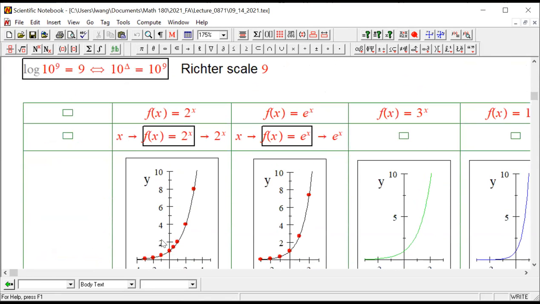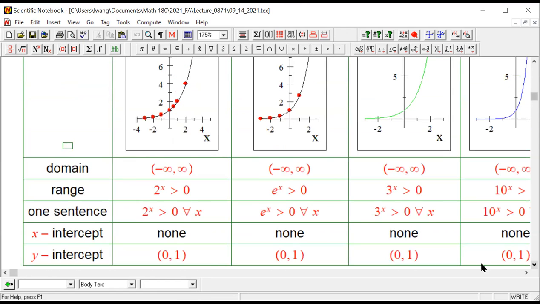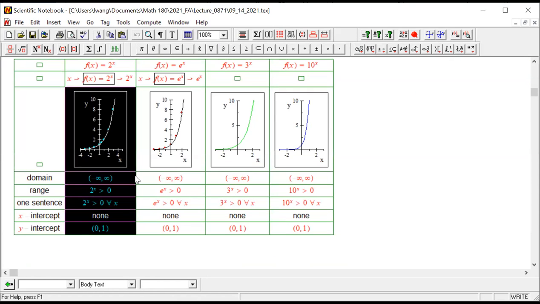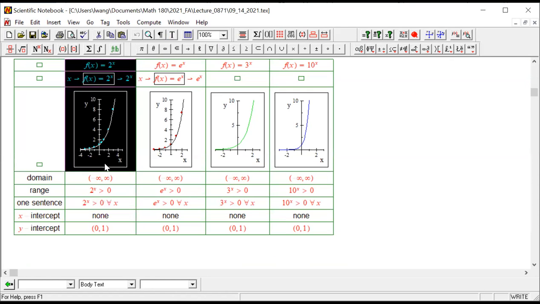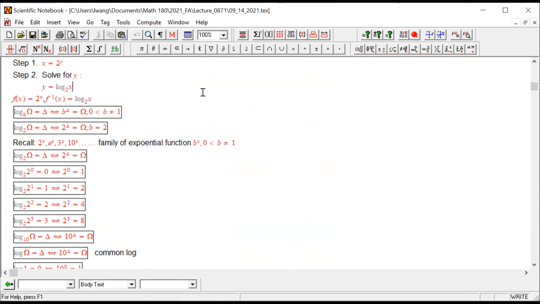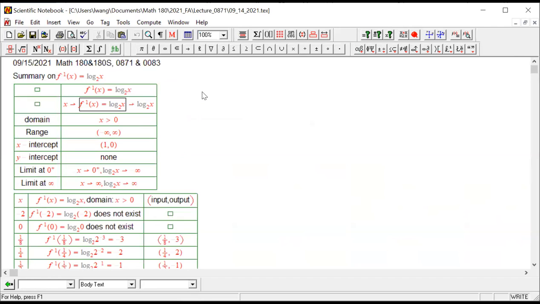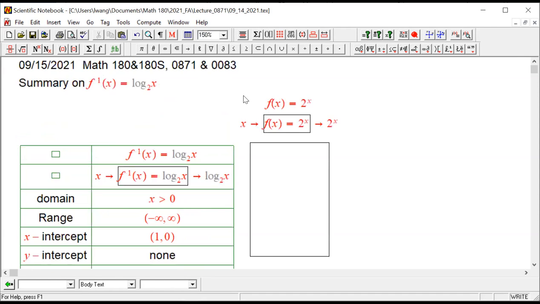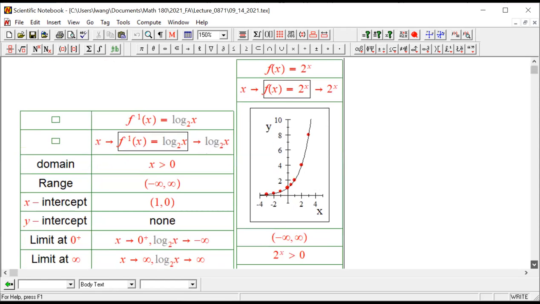We have a 2 to the power x table, don't we? I'm going to bring it to the top. We're going to make some adjustments to these 2 tables.